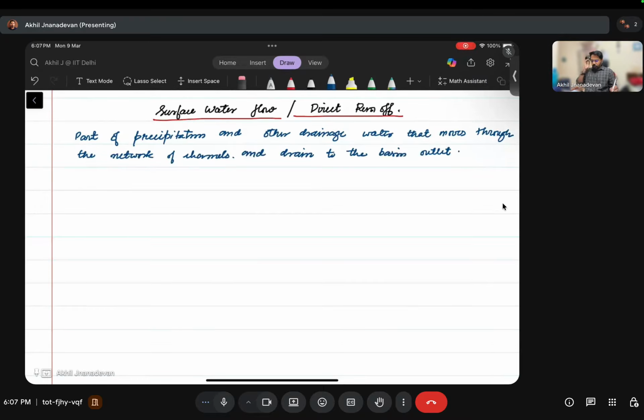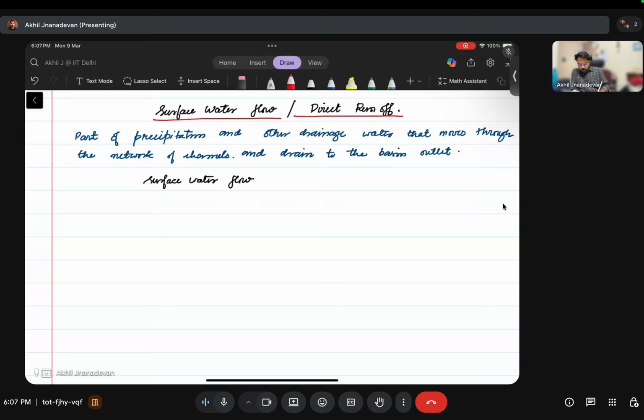Another thing to note is that this surface water flow is not just the overland flow that is reaching the streams or forming the network of streams.